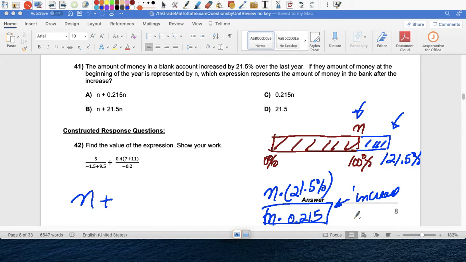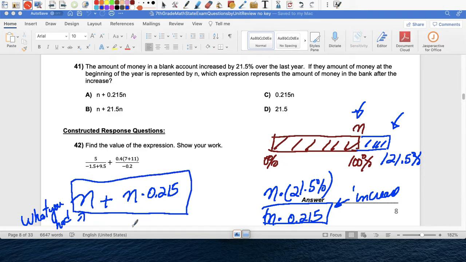So at the end of the year, when you come back to the bank, it will be your increase plus what you had originally. So it would be N and then plus the product of N times 0.215. This is the expression that would give you the total. I like my expression better. So it's definitely not D. It's definitely not C.